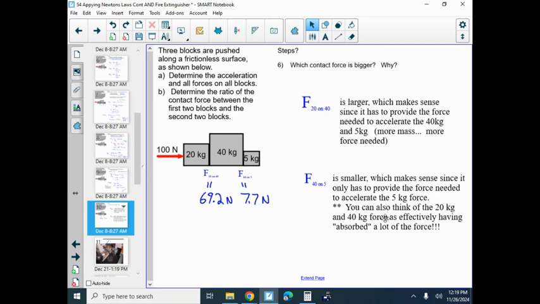I need to reword this here. You can also think of the 20 kilogram and 40 kilogram masses as effectively having absorbed a lot of the force. And that's inertia, right? So it relates back to the first law.